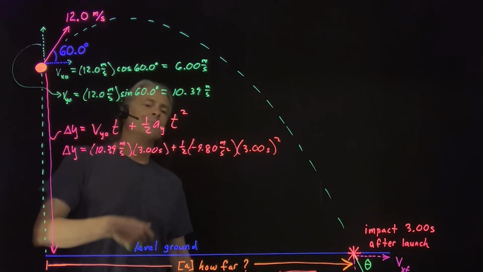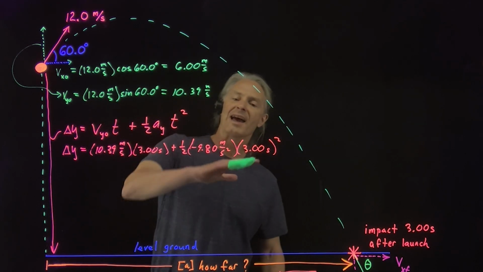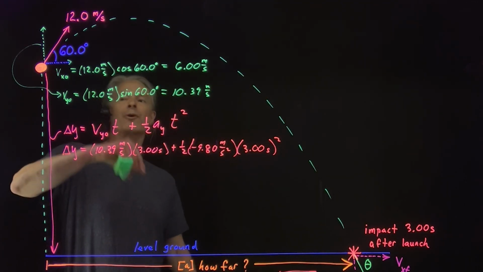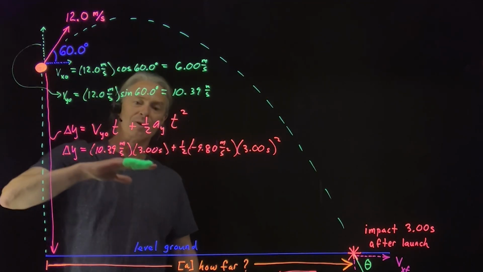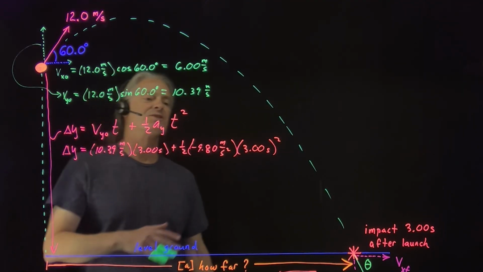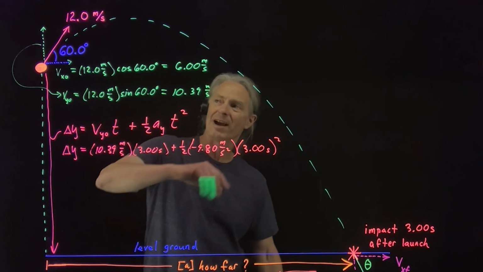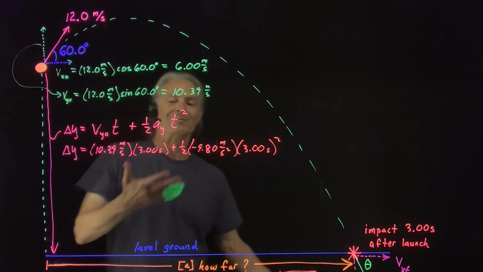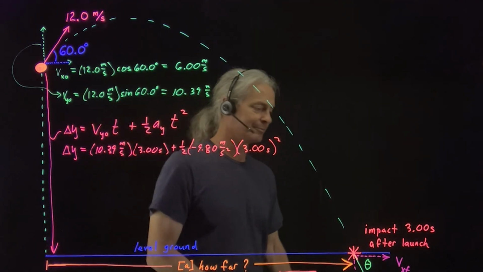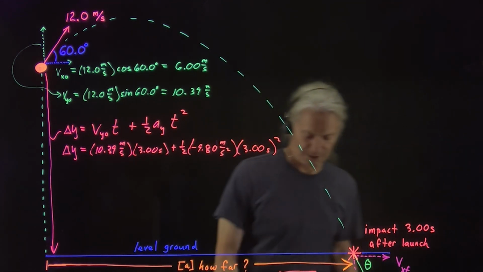Now, if we hadn't had this downward acceleration, the displacement would have been upward. The thing would have just kept traveling upward, and it would have traveled over 30 meters upward in the 3 seconds. But it has this acceleration, and that ends up having an overall downward displacement. So let's do that calculation.